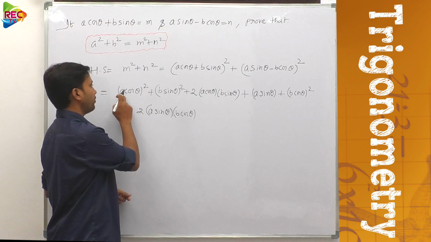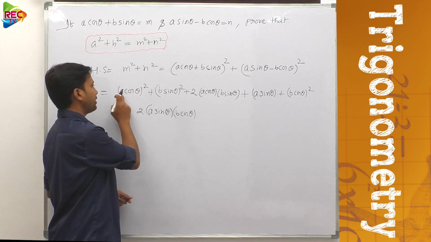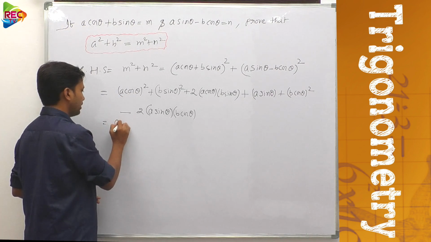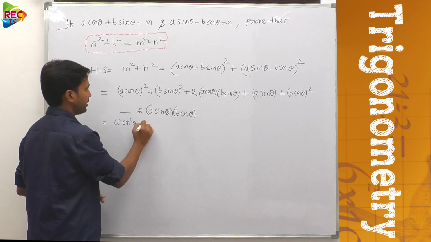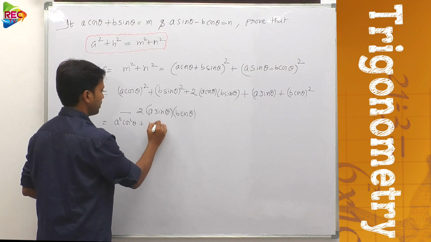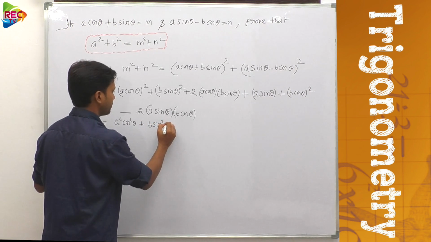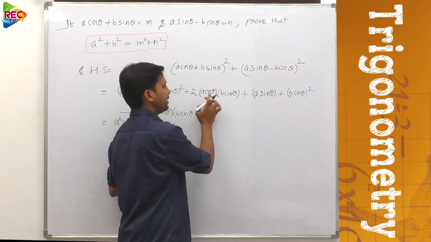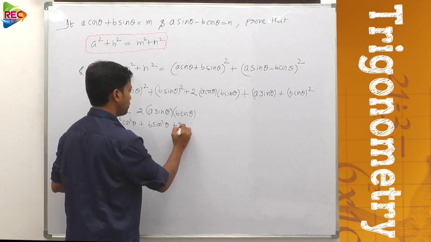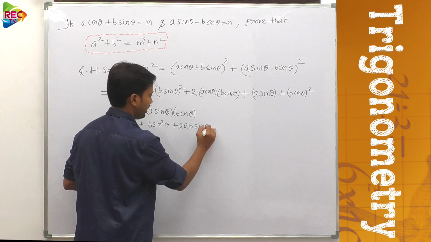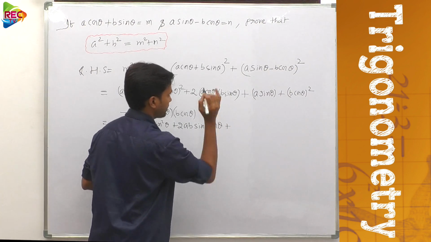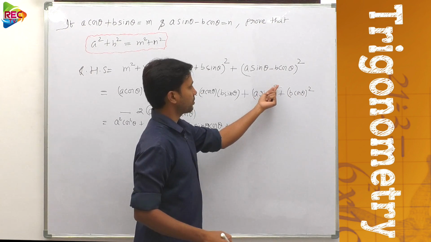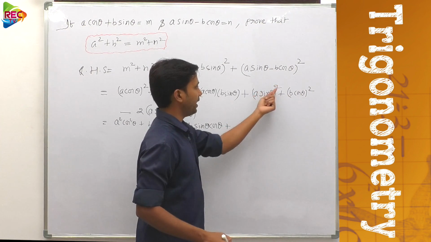Now the square can be applied to a and to cos theta. So we can write a square cos square theta, plus b square sin square theta, plus 2ab sin theta cos theta. Now here, a sin theta whole square, we can put the square to a and sin theta also.